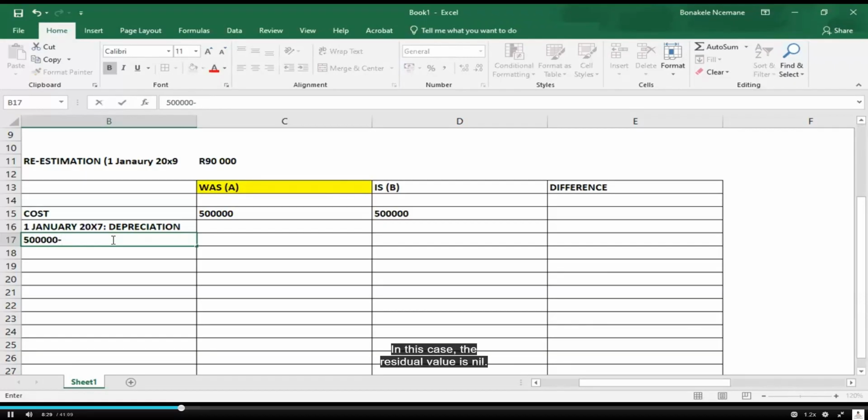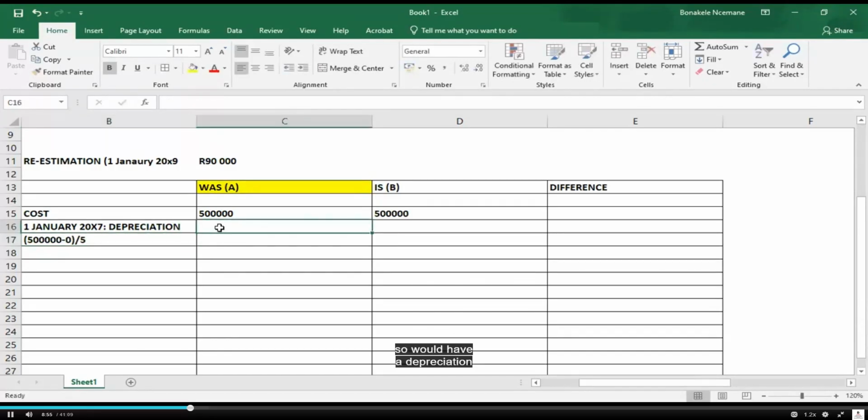In this case, the residual value is nil. So it will be 500,000 minus 0. It is the amount after deducting the residual value that becomes our depreciable amount. So we divide by 5.